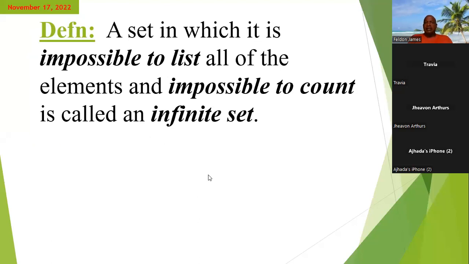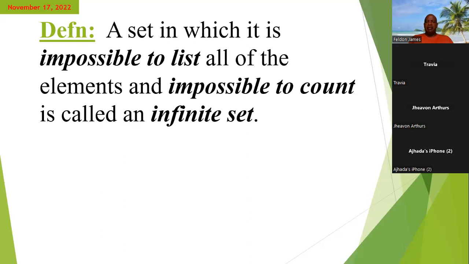Now, infinite set: a set in which it is impossible to list all of the elements and impossible to count is called an infinite set. So an infinite set is one in which it is impossible to list or to count all the elements or all the members. And so any set that we are unable to list or count all the members, then we will consider it to be infinite.